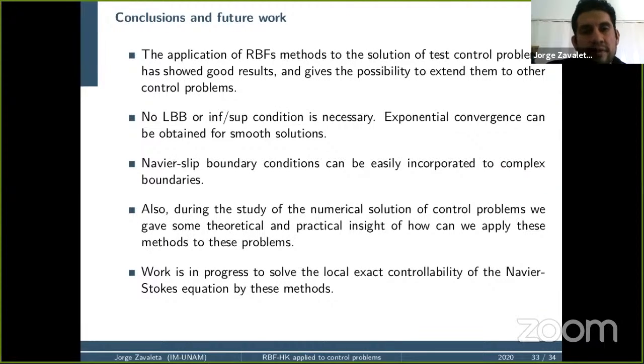Well, the application of RBF methods to the solution of these control problems has shown good results and gives the possibility to extend them to other control problems. No LBB or inf-sup condition is necessary. Exponential convergence can be obtained for smooth solutions. Navier slip boundary conditions can be easily incorporated into complex boundaries.